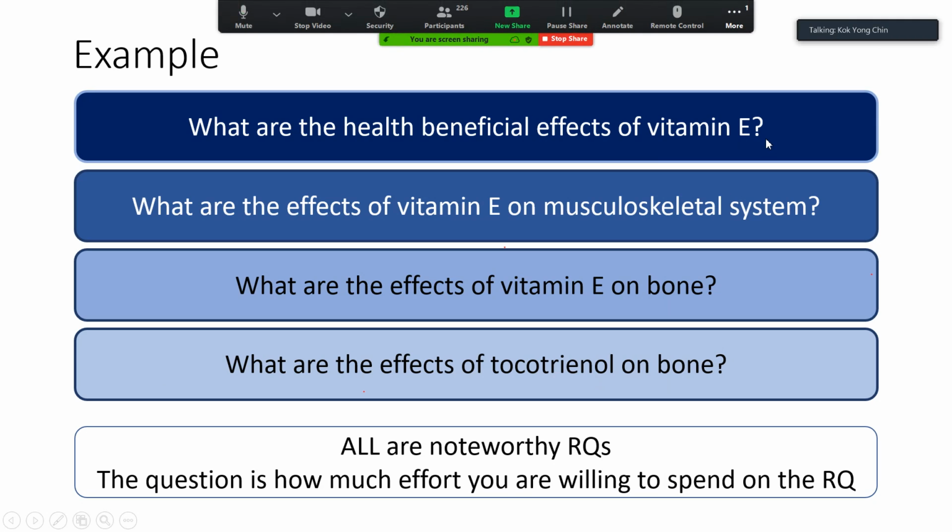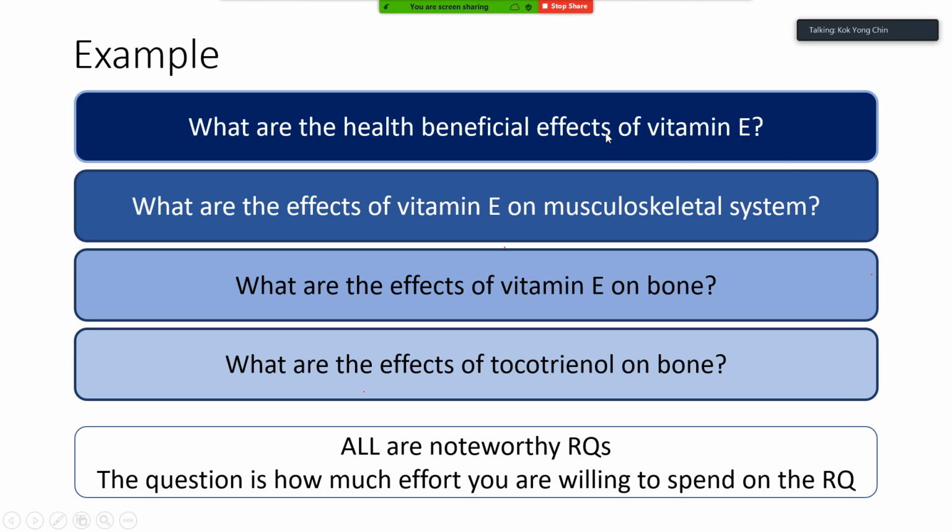It's just that this one is very broad. This will tell you all about vitamin E or the health effects of vitamin E, which is quite broad. It will cover every disease, contagious and non-contagious, almost everything. The second, we are focusing on the musculoskeletal system. Well, you know that in the musculoskeletal system, you have joint, you have bone, you have muscle.